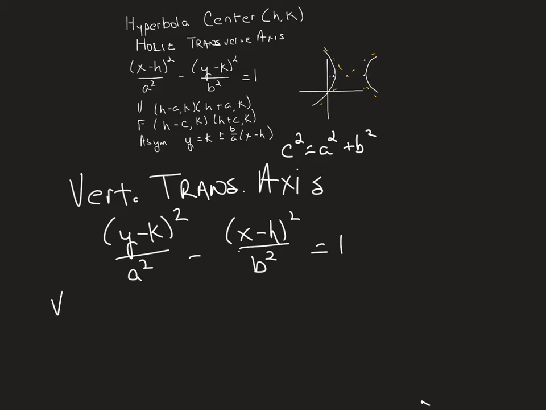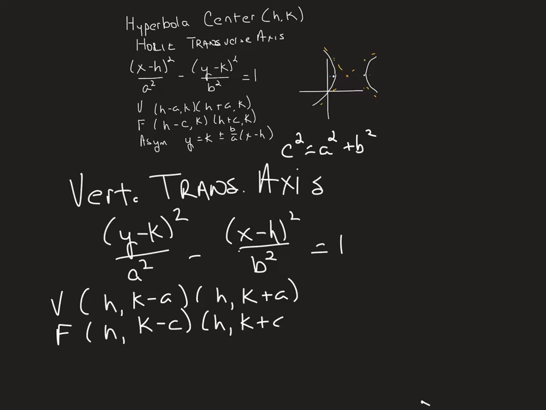This time our vertices are going to be (h, k minus a) and (h, k plus a). Our foci are going to be (h, k minus c) and (h, k plus c).